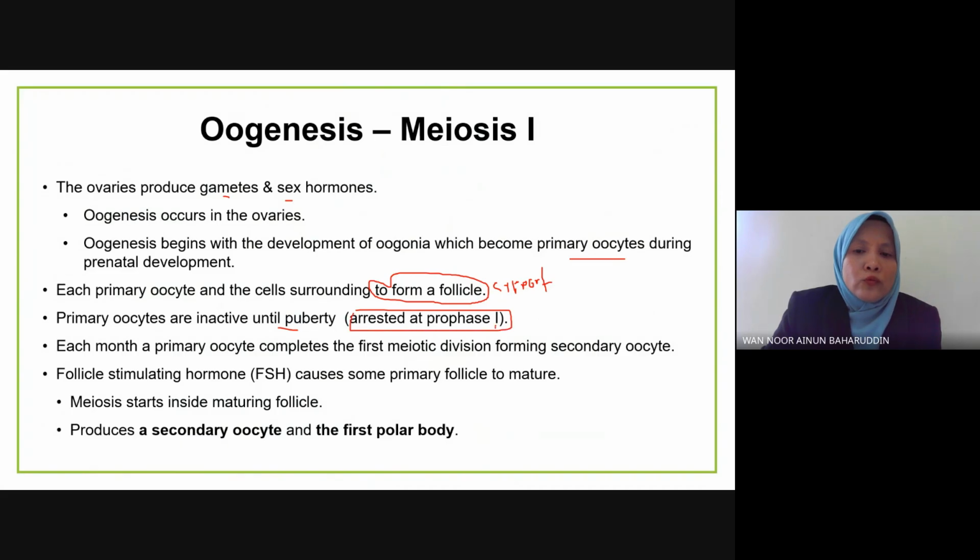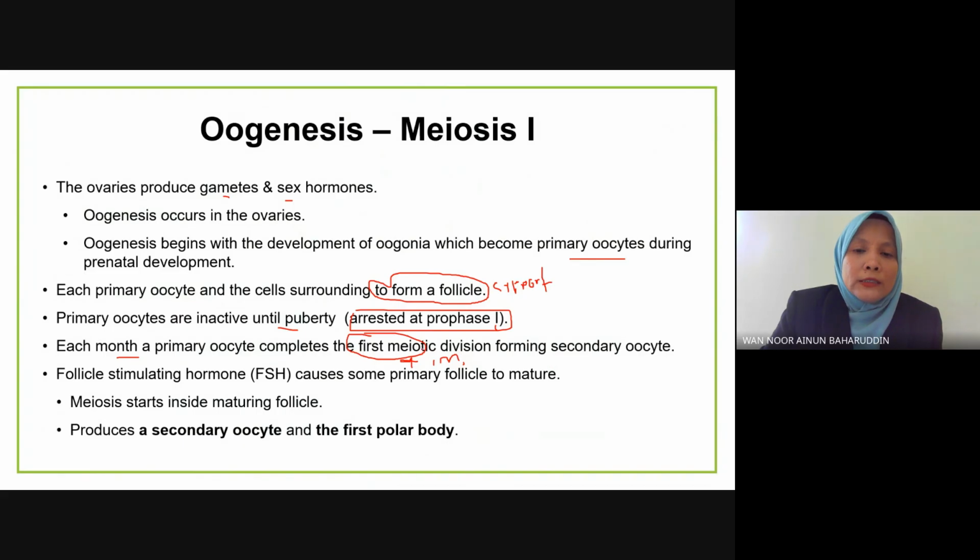Each month, during puberty, a primary oocyte will complete the first meiotic division, from prophase 1 entering anaphase, metaphase, and division, forming the secondary oocyte.